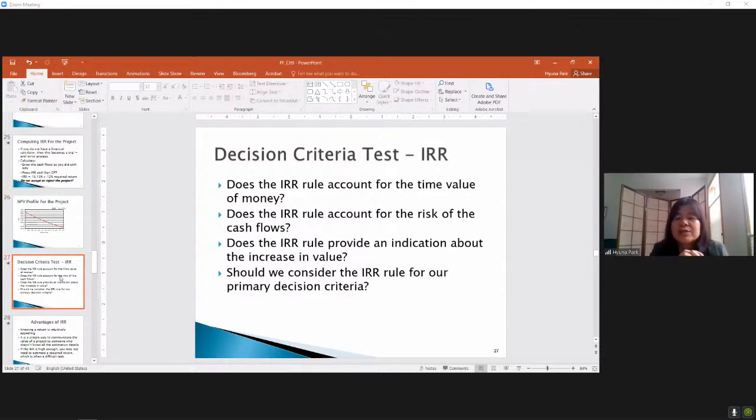The decision criteria test for IRR: does the IRR rule account for the time value of money? Yes, it involves the time value of money. It's the discount rate, so the answer is yes. Does the IRR rule account for the risk of the cash flows?